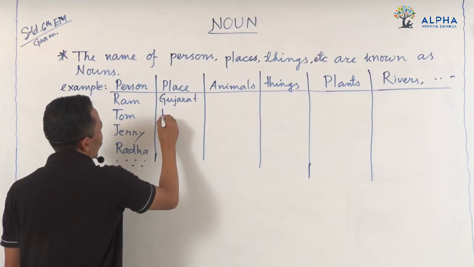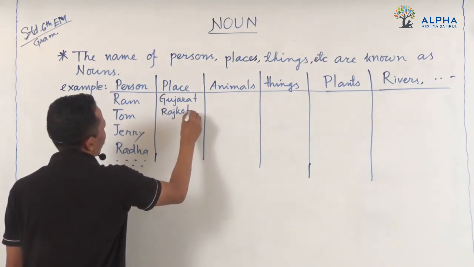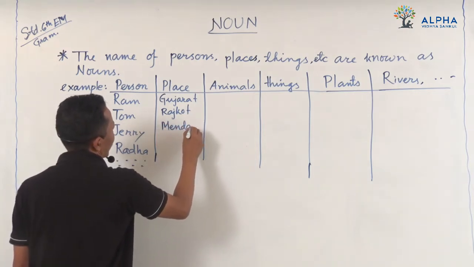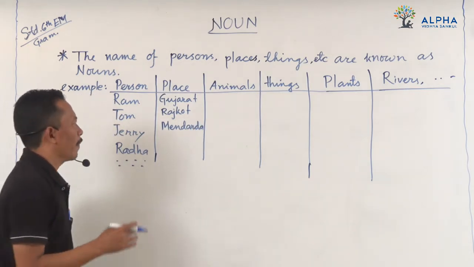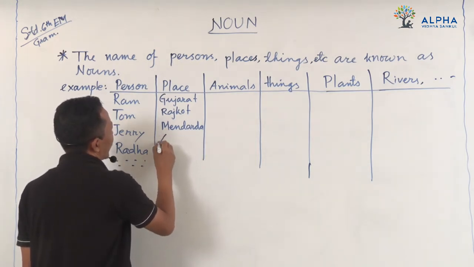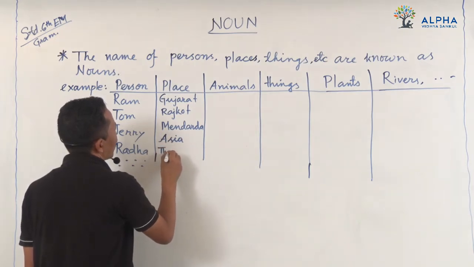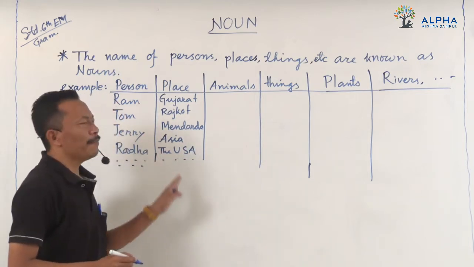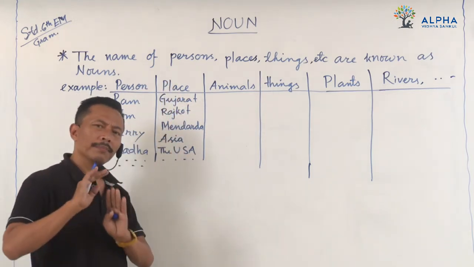Name of your city, Surat. Suppose Rajkot, you write Rajkot. It's a noun. Name of your village, Mendarda. It is a noun. Small area also, Taluka. Whatever names come here. If you say continent name Asia, or the USA, any name of place comes, they are all nouns.